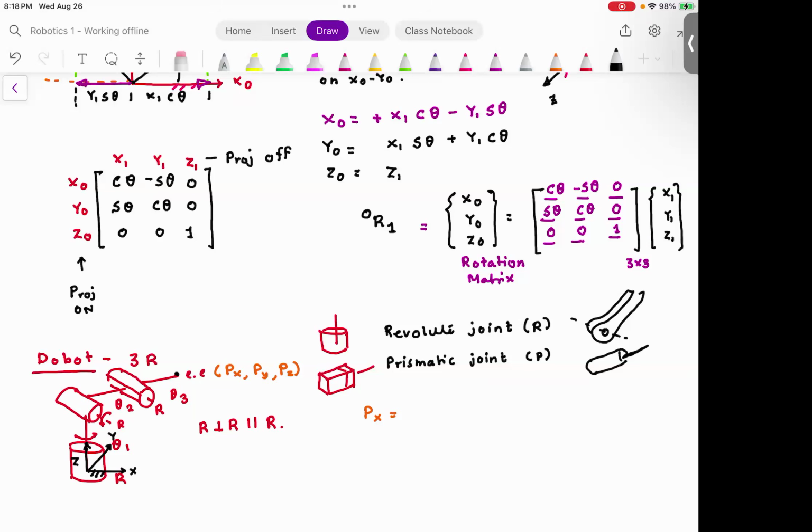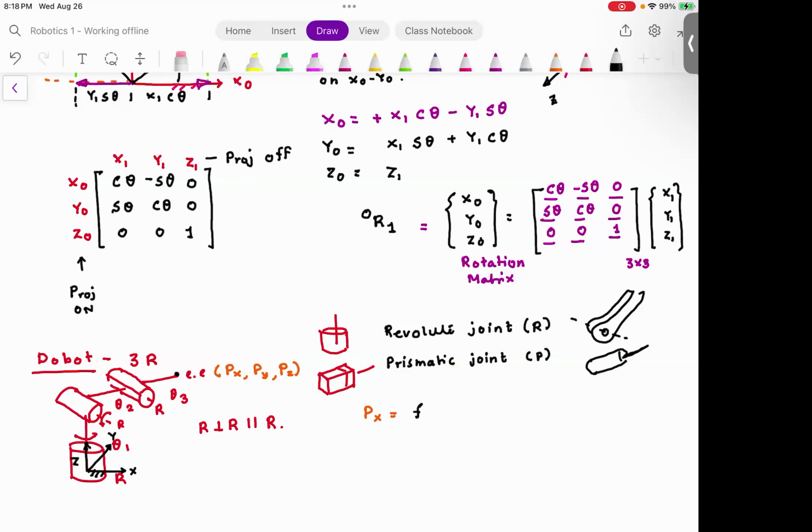Py means the position of the end effector in the Y direction. Pz is the end effector position along the Z axis. So for example, Px means how far this end effector is with respect to this X axis, Py how far it is in the Y axis, and Pz how far it is in the Z axis.